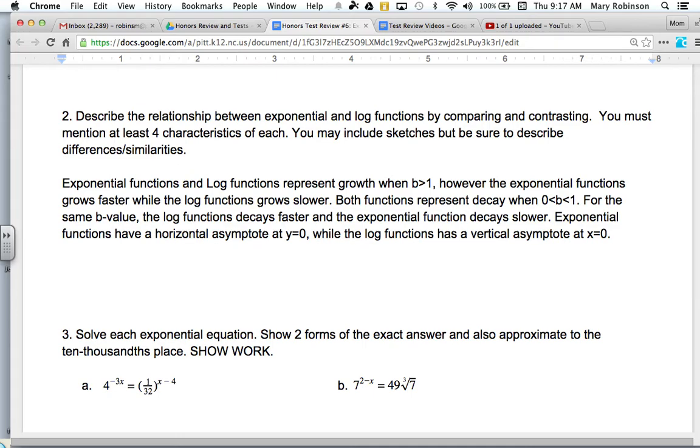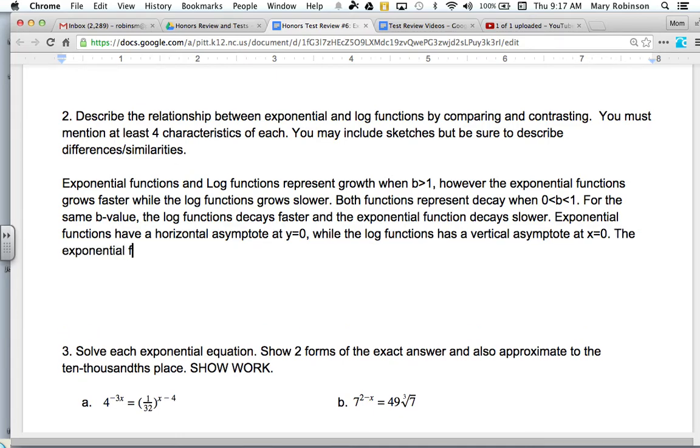We could say that the exponential function has a y-intercept at 0, a, while the log function has an x-intercept at 1, 0.